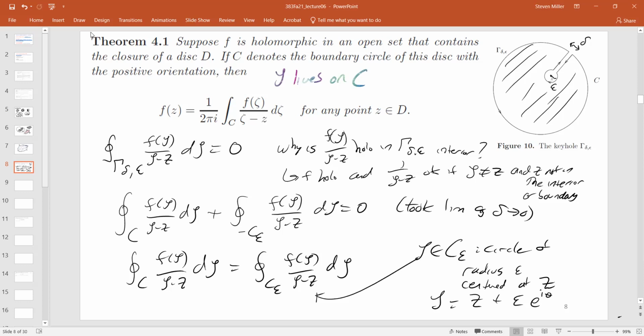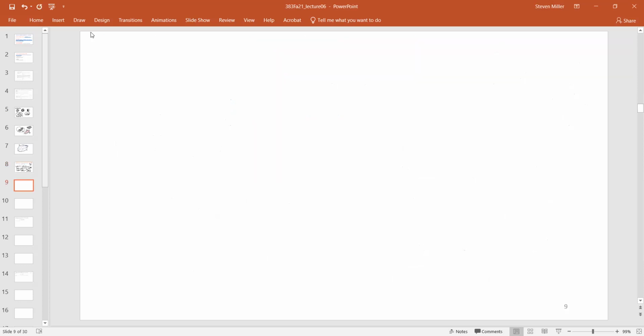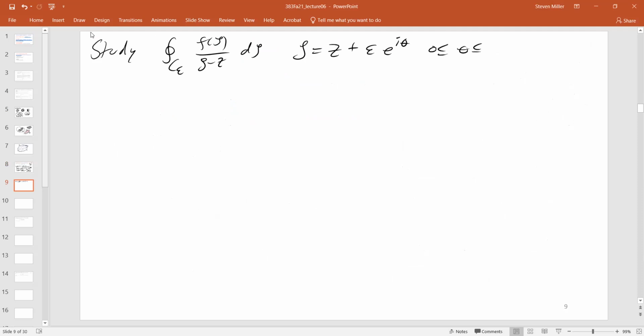Right? Because over here, zeta lives on a circle of radius epsilon. So we need to study the integral over c epsilon of f of zeta over zeta minus z d zeta. Zeta is equal to z plus epsilon e to the i theta, 0 less than or equal to theta less than or equal to 2 pi.